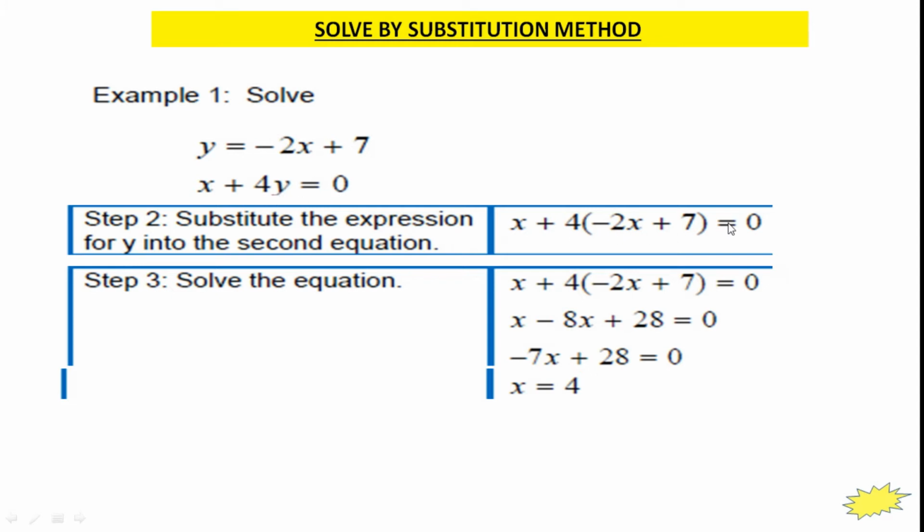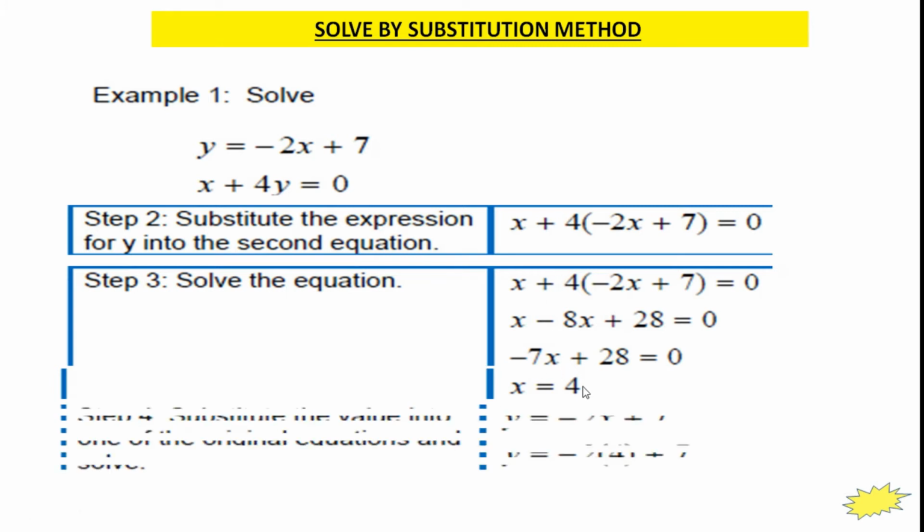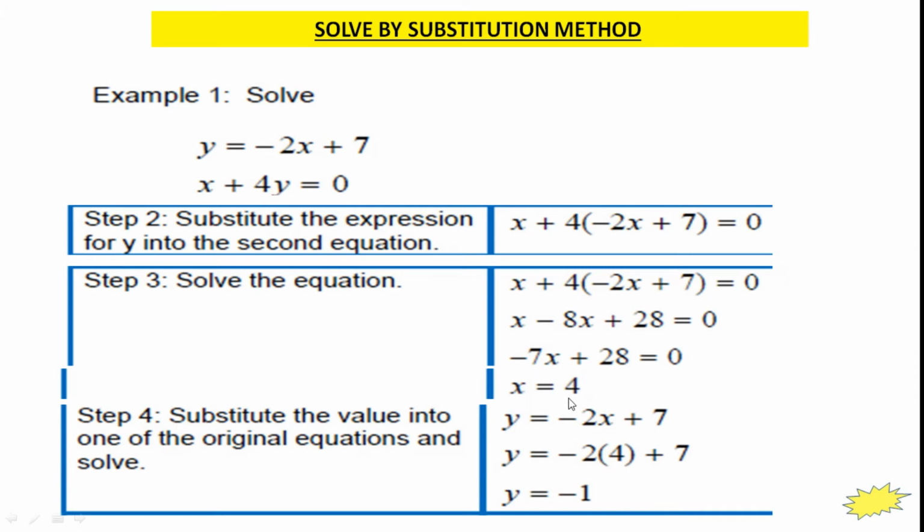So now this equation becomes a linear equation in one variable. Solve for x. Once you have the value of x, substitute that value for x in either of the equations. So we've put it in the first equation. So it becomes y equal to minus 1. Hence the solution becomes 4 comma minus 1.